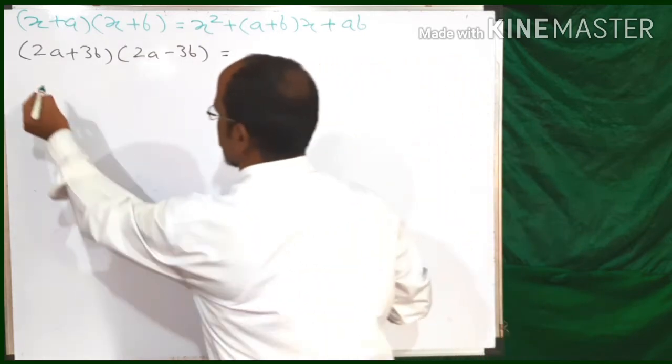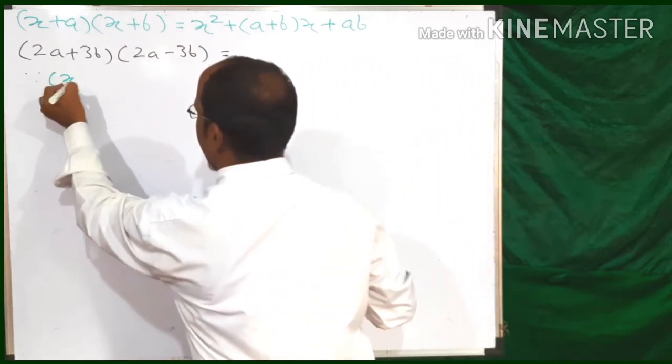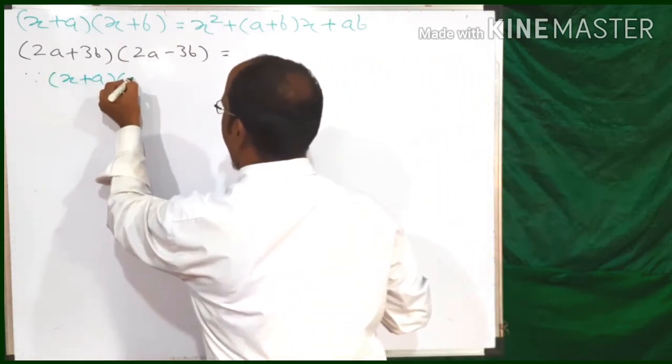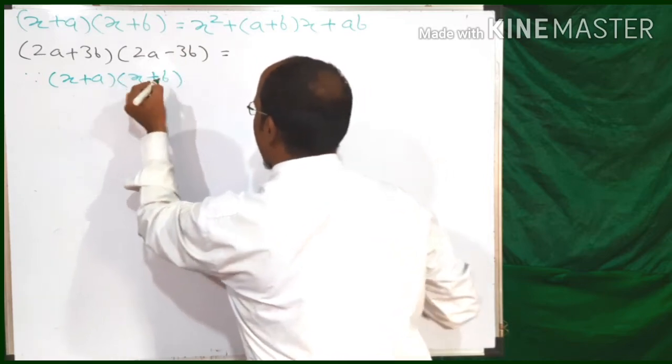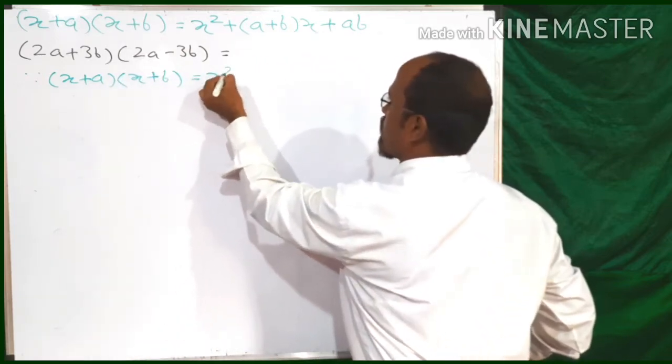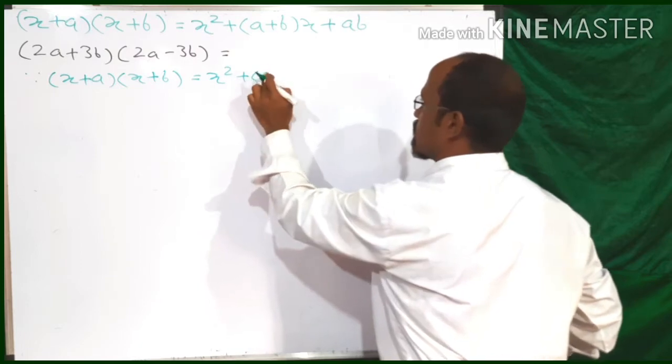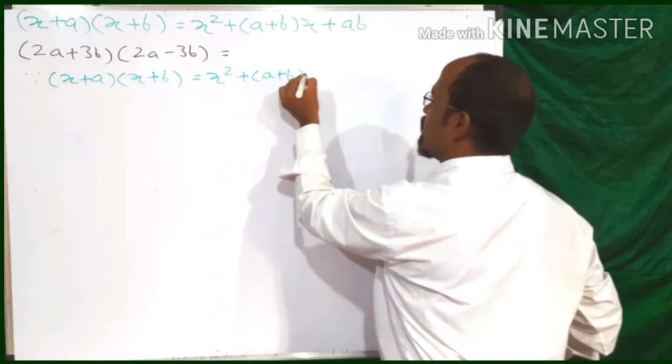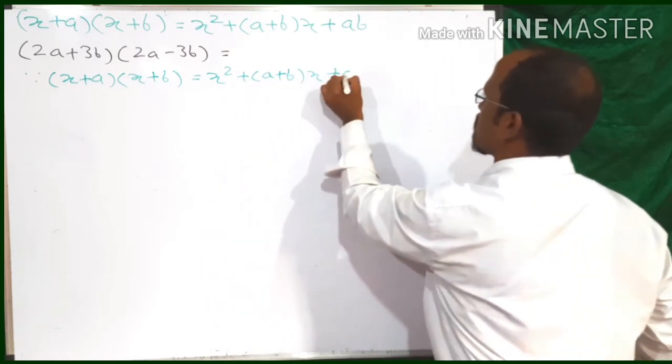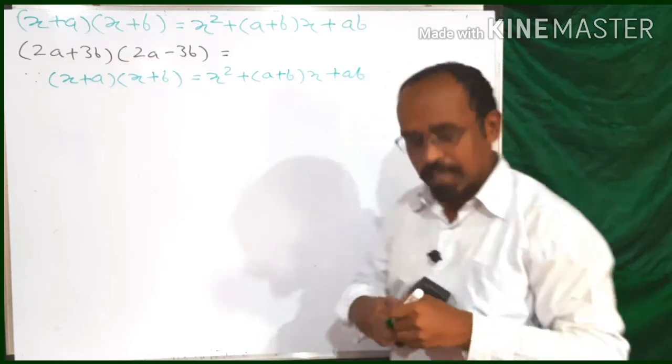So if (x + a) into (x + b) is equal to x square plus (a + b) into x plus ab, right?